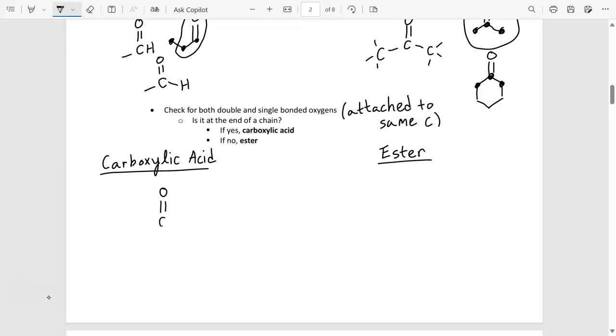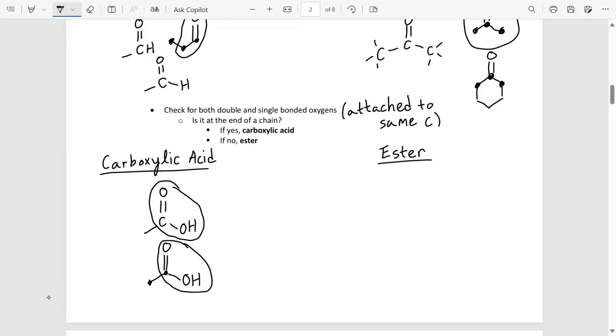And that is where we'll have a carbon with a carbonyl group and an alcohol all attached to that single carbon. Okay. And of course, we can have a skeletal. So double bonded to the oxygen with an OH group coming off of one end. And then anything else can come off the other side. But the importance is that double bonded and single bonded oxygen all attached to the same carbon and at the end of a carbon chain.